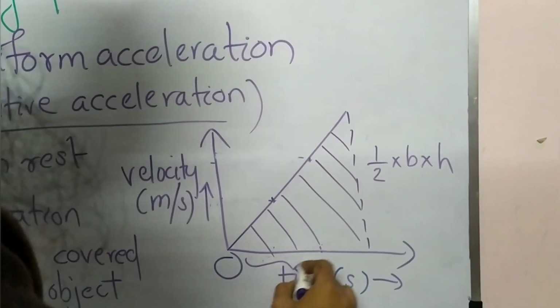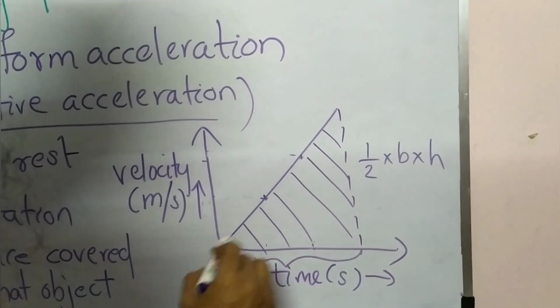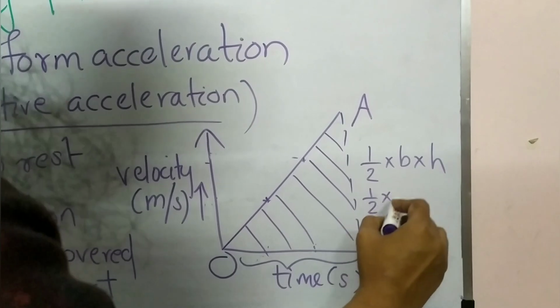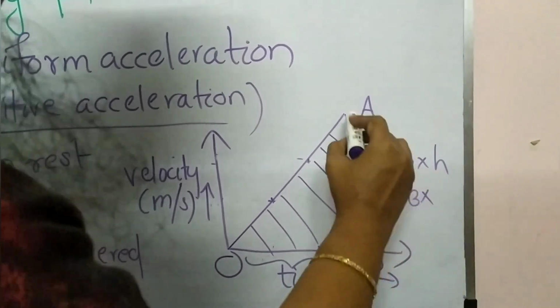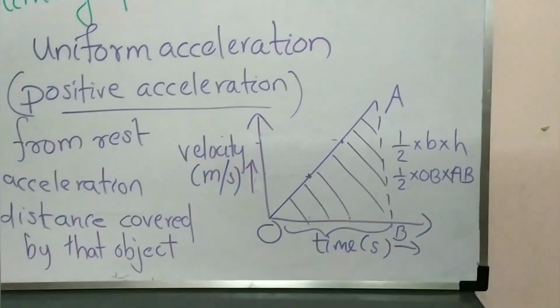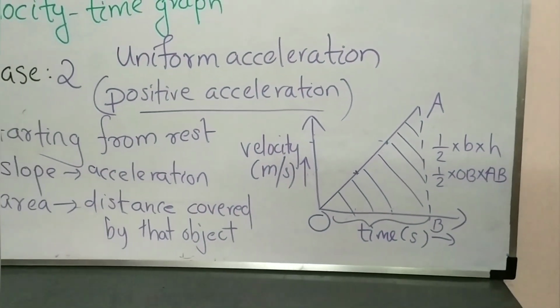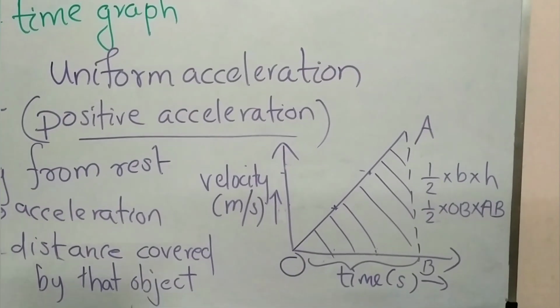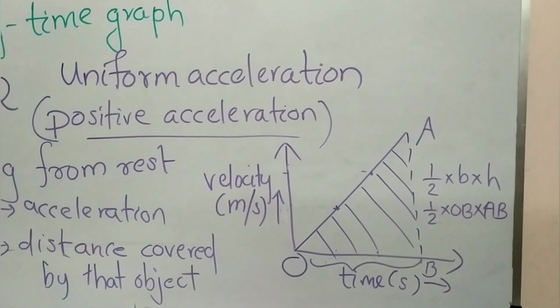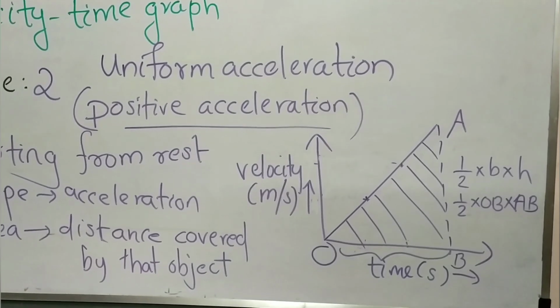So if I am writing this A and B, it is half into OB into AB. We need all these things to derive the equations of motion. Here the area of this triangle gives you the distance covered by that object.